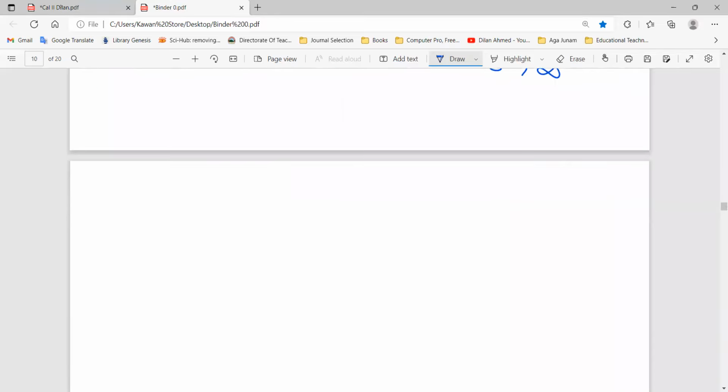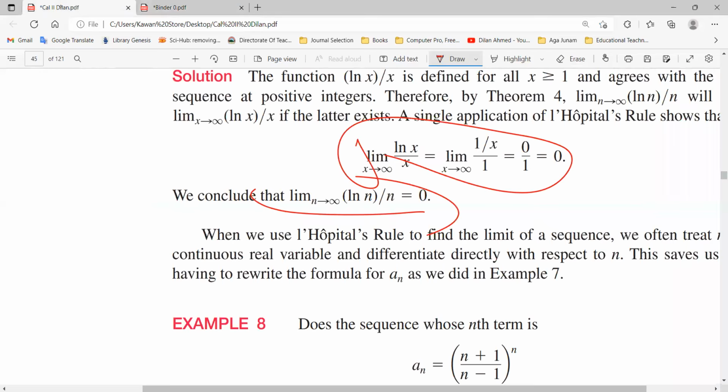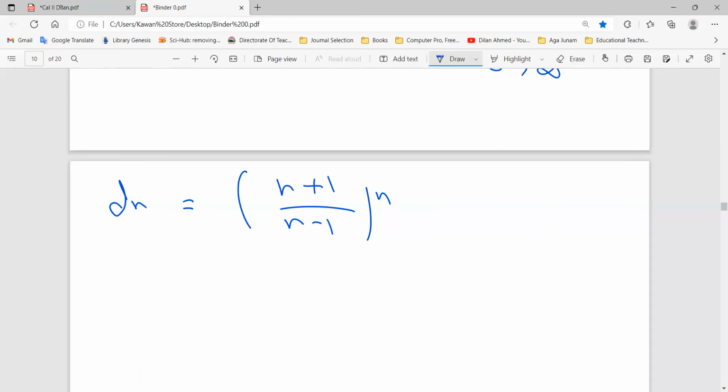So now dn is equal to ((n plus 1) over (n minus 1)) to the power n. Let me just check. So we say ln of dn, am I right, is equal to ln of ((n plus 1) over (n minus 1)) to the n. You know why we are going to use ln?